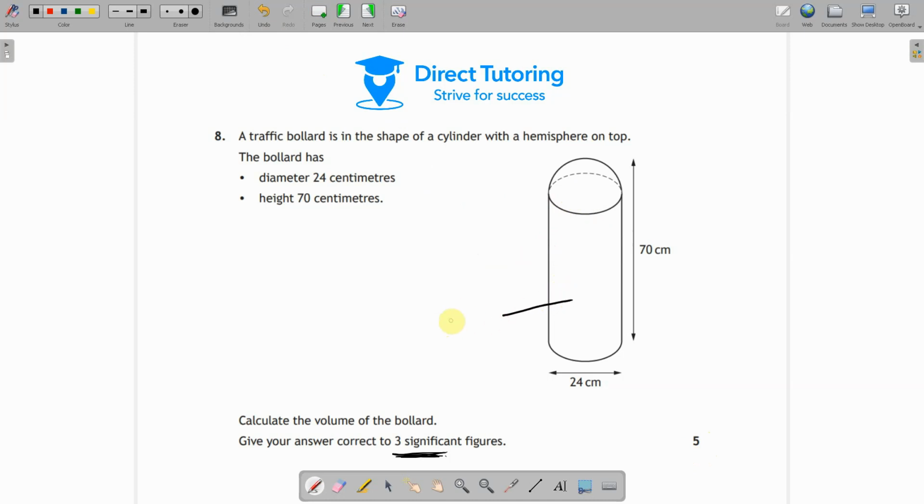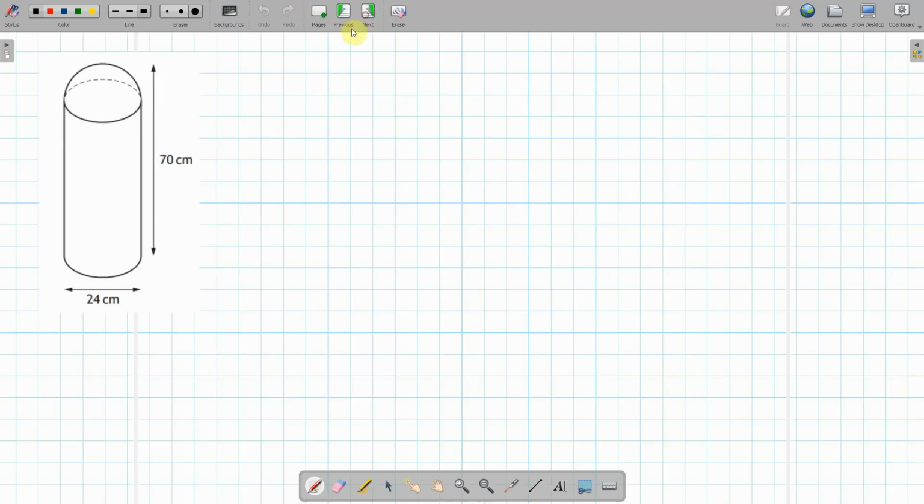We have to find the volume of the cylinder and we have to find the volume of the hemisphere. So if we consider the cylinder first.